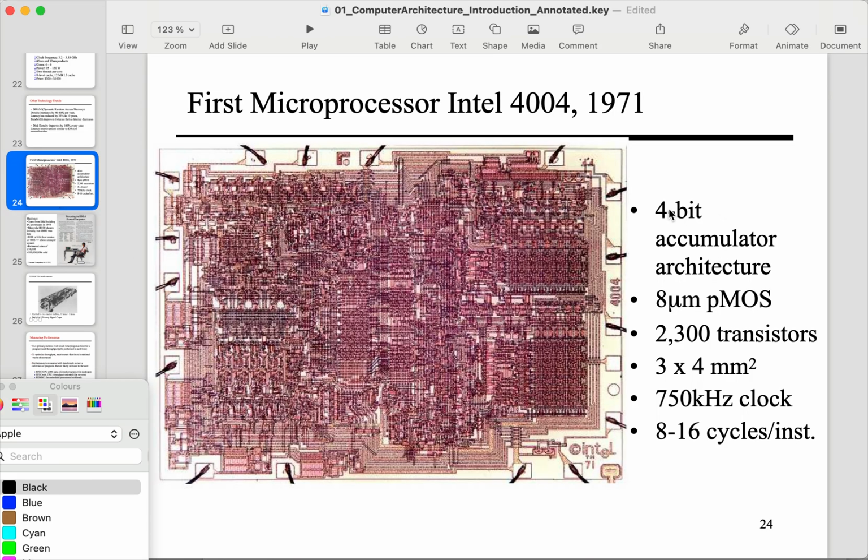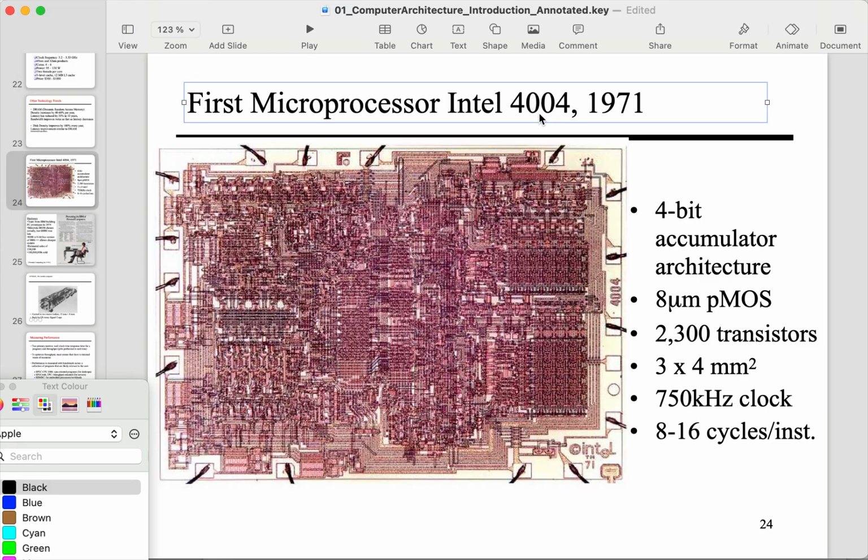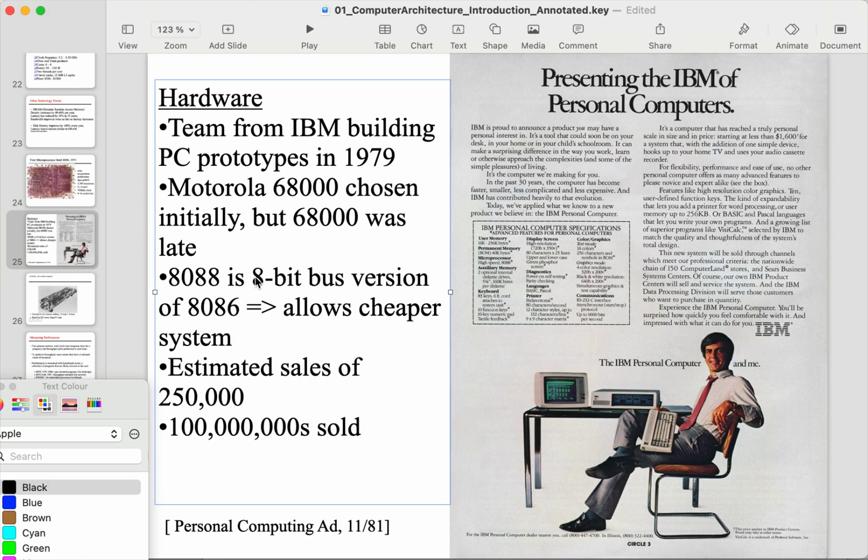As you can see, we have 4 bits, so that was the 4004, and the 8-bit is called the 8088. Nearly 250,000 were sold, and later 100,000 more were sold.